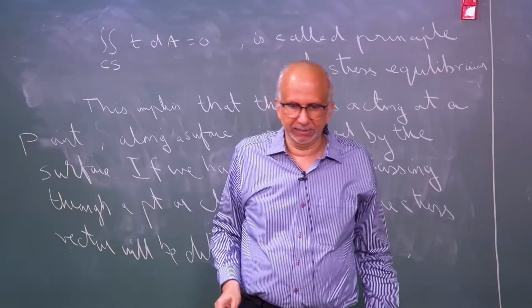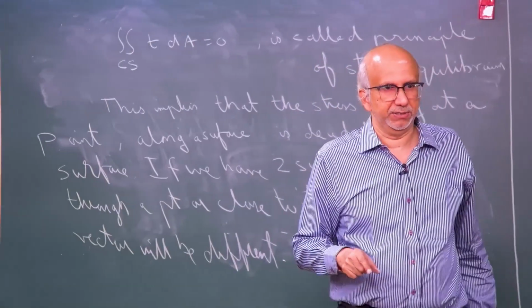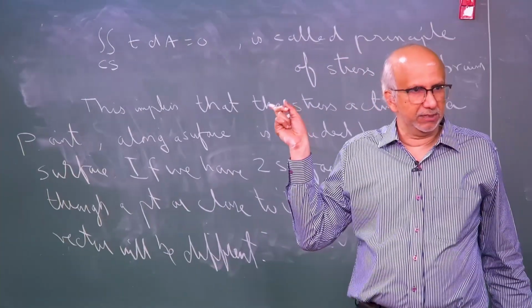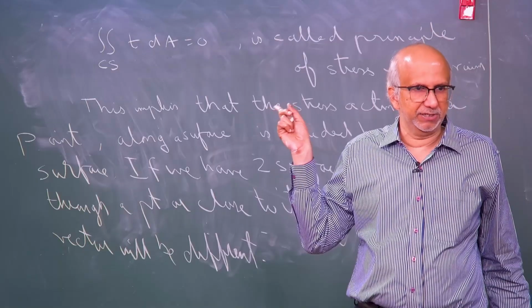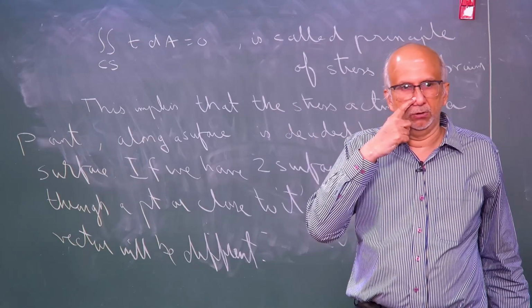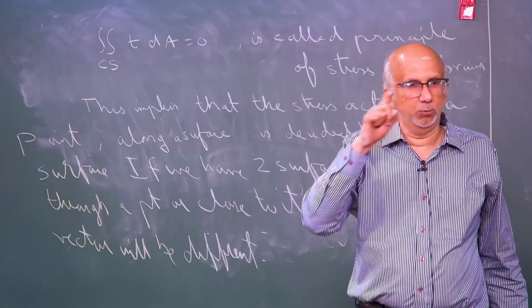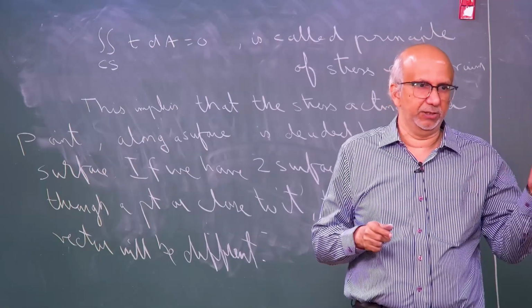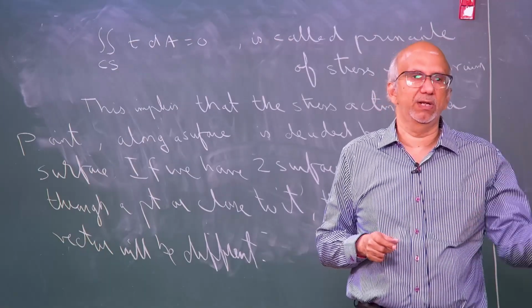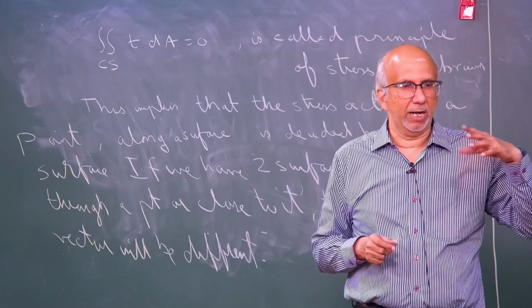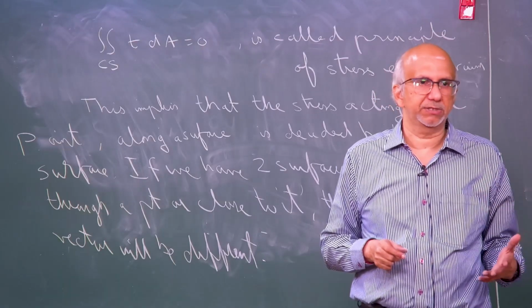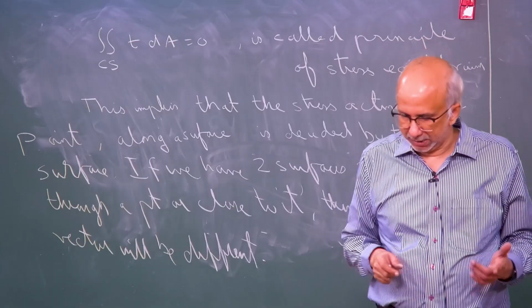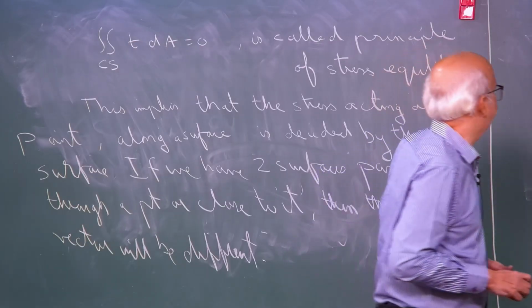So if you take two different surfaces, since you want to satisfy that condition, that the integral over the surface is 0, the surfaces are different, the orientations are different, the outward normal is different. You need to have different values for the stress vector. Otherwise you won't be able to satisfy that condition.